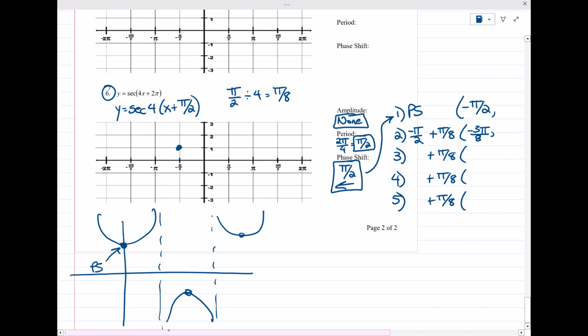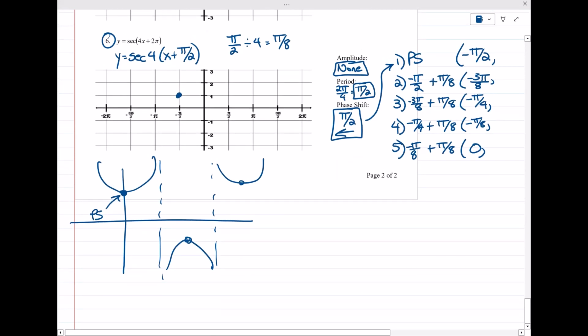We're going to go left. -1/2 plus 1/8 is -4/8 plus 1/8 is -3/8. -3/8 plus 1/8 is -2/8. -2/8 plus 1/8 is -1/8. And then -1/8 plus 1/8 is 0.